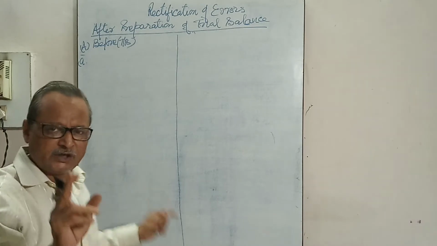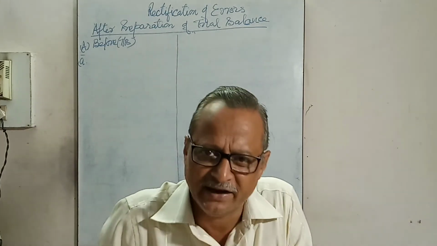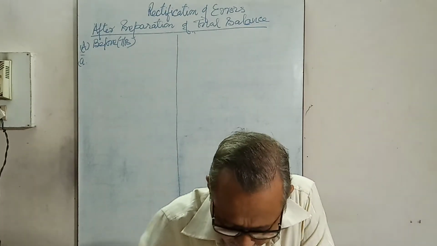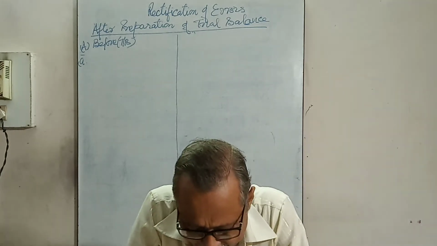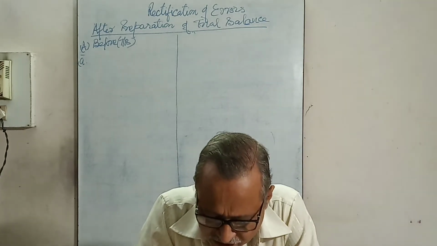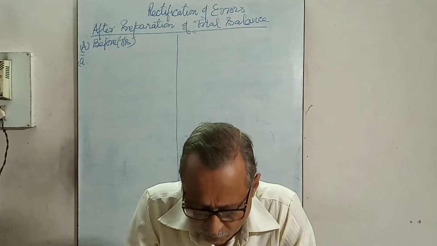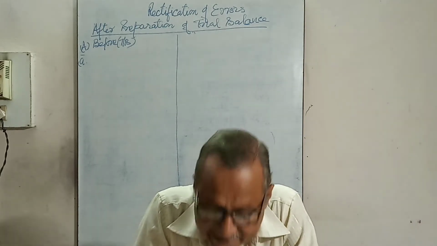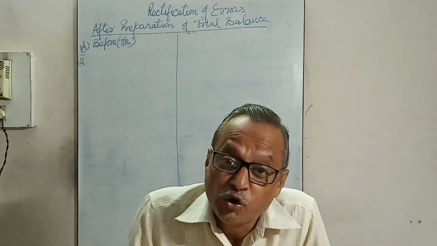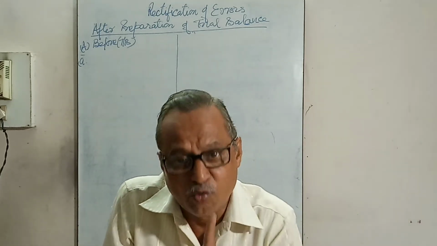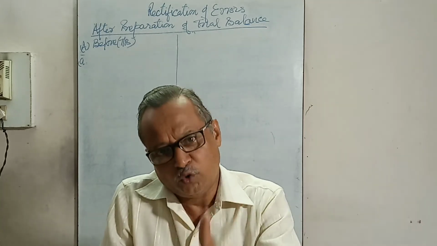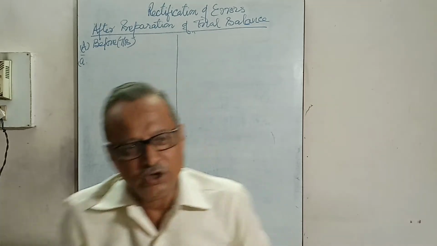Before preparation of trial balance, we write a single statement to rectify the error. See it, question number 14. Goods costing 800 purchased from Sachin on credit were omitted to be credited to his account. His account was not credited in the ledger, that should be credited.